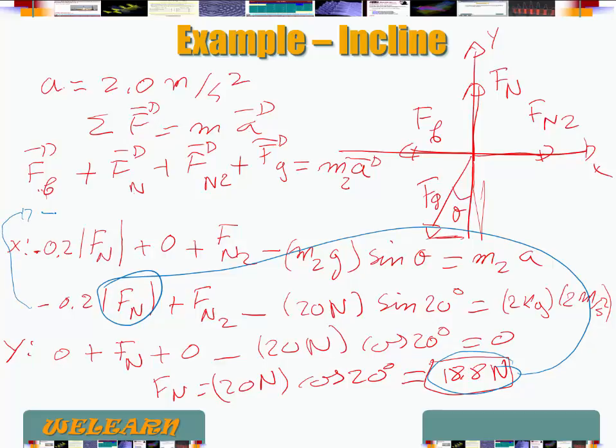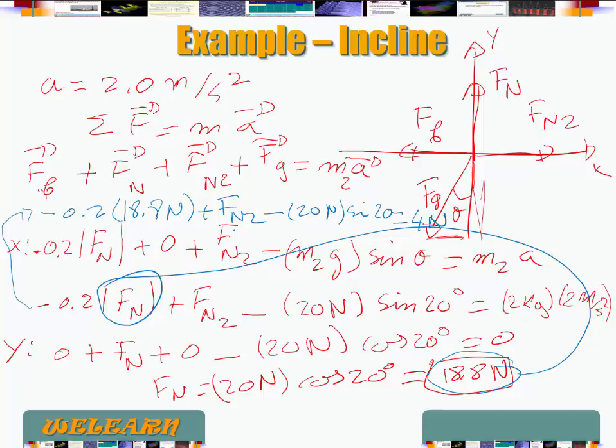So that's going to give us minus 0.2 times 18.8 newtons plus Fn2, what we are trying to find, minus 20 sine of 20, and that's equal to 2 kilograms times 2 meters per second squared, 4 newtons.